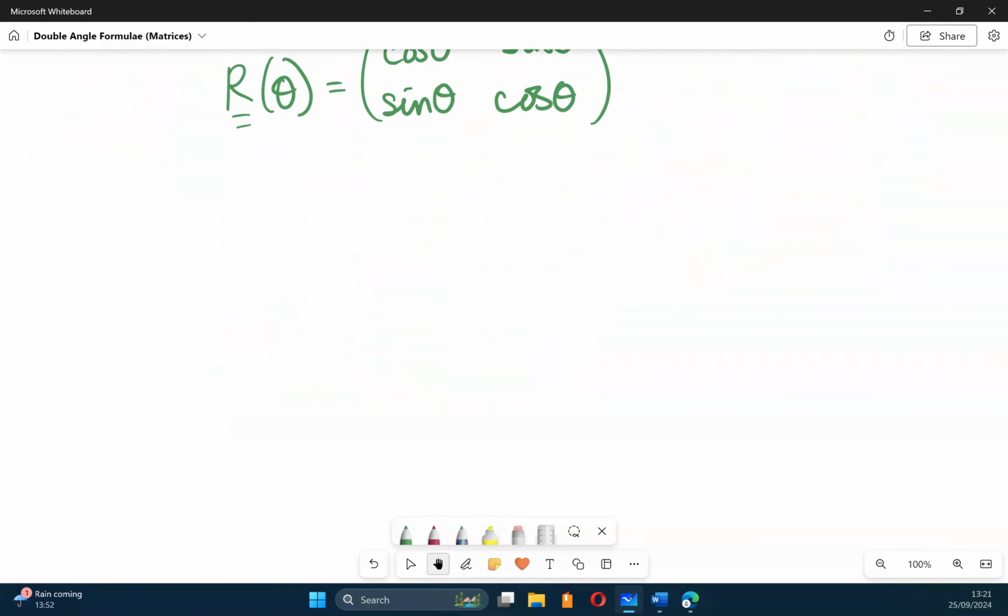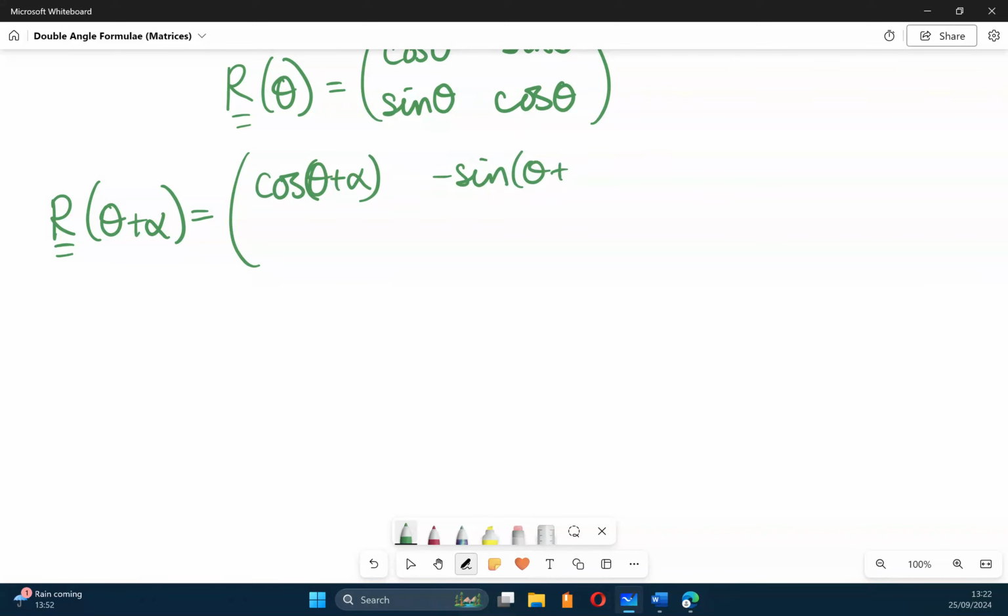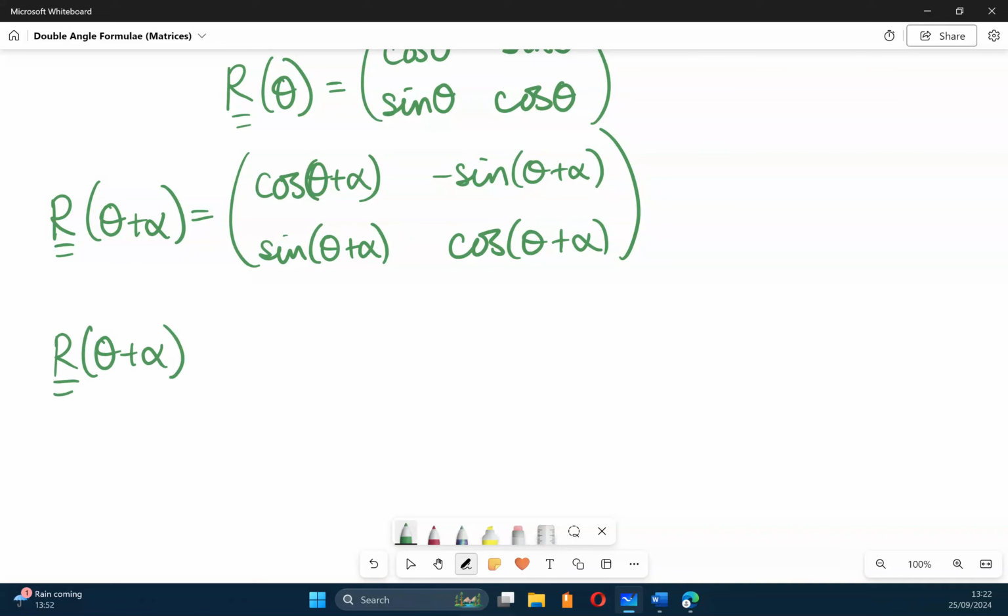Now, how can we get R of theta plus alpha? Well, surely that would just be substituting theta plus alpha here. And this is cosine of theta plus alpha. But another way in which we could do that is that we could say that R of theta plus alpha is just the same as R of theta times R of alpha.